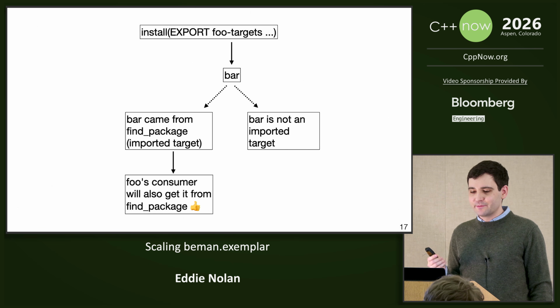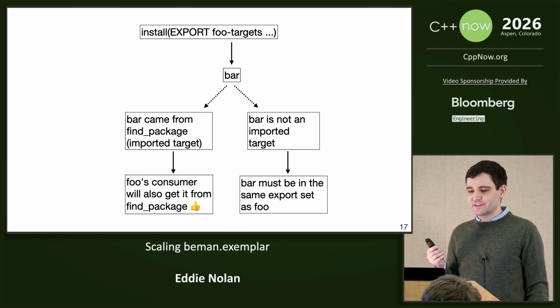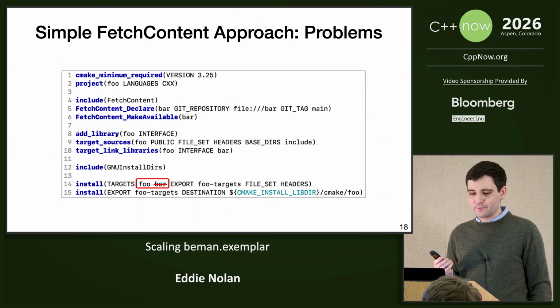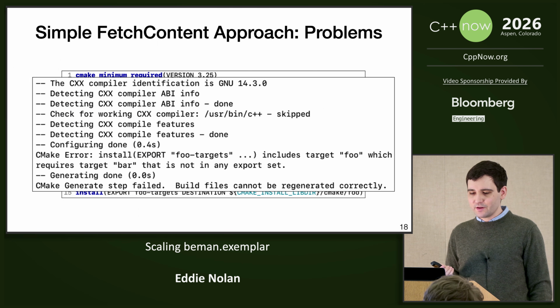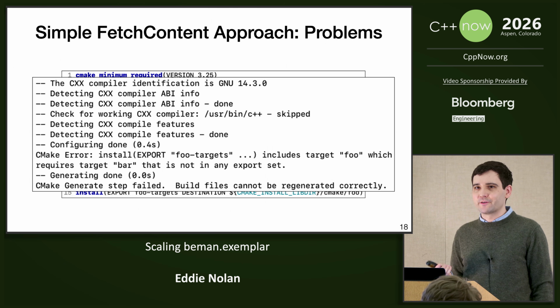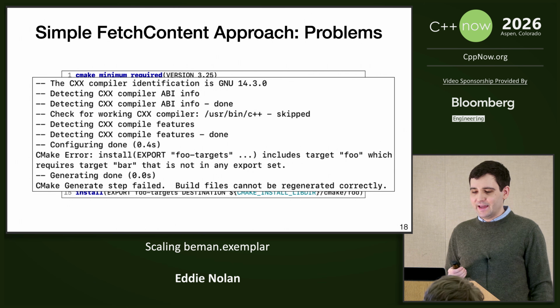But if bar is not an imported target, then CMake thinks that it's part of the same project as foo, and it actually requires that bar is in the same export set as foo. So if we actually try taking bar away from this install command, we get this CMake error that says target foo requires target bar that's not in any export set. And so this is really unfortunate and essentially the root cause of this.